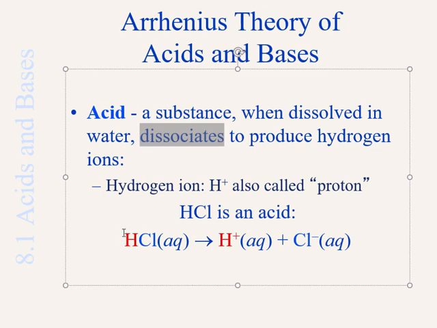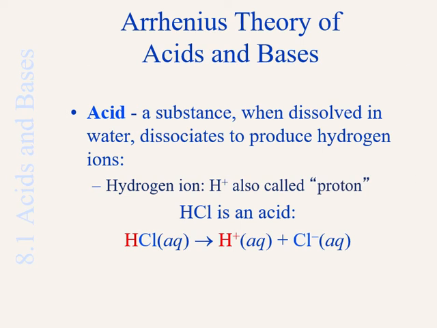One of the main isotopes of hydrogen does not have a neutron, just a proton and an electron. And if the electron is gone, we have H+, but what's remaining is just a proton. So when we talk about hydrogen ion, it's the same thing as a proton, and we can use those two words interchangeably. So an acid is a compound which dissociates to produce hydrogen ions or protons.